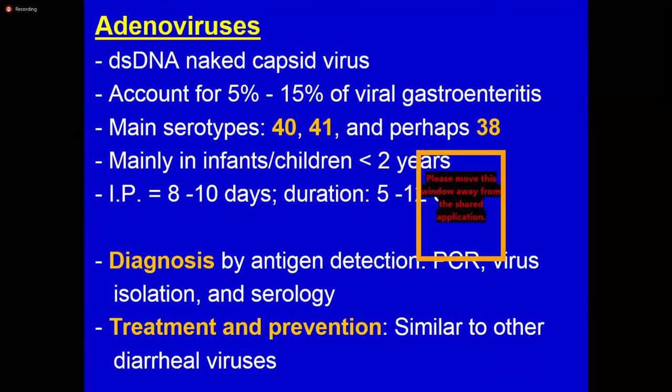Adenoviruses. If someone masters the table at the beginning that we discussed, all of this is detailed information about the table. Adenoviruses, as we said, are double-stranded naked capsid viruses accounting for 5 to 15%. There are adenovirus serotypes I want you to know: 40, 41, and 38. These are very important. Mainly it occurs in infants and children less than 2 years. The incubation period, as we said, is long, 8 to 10 days.